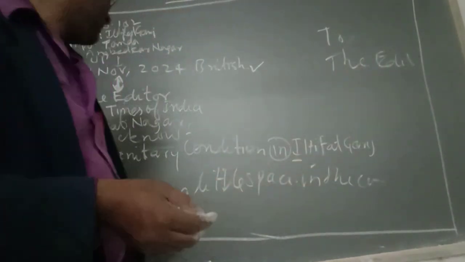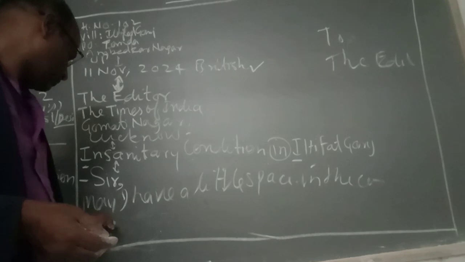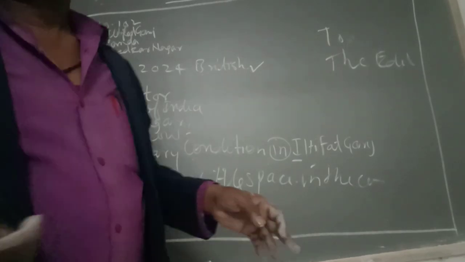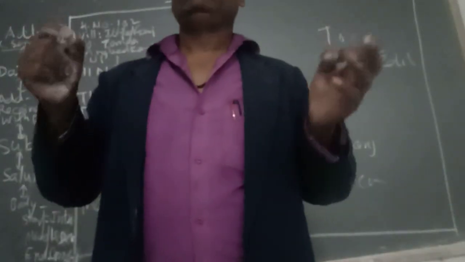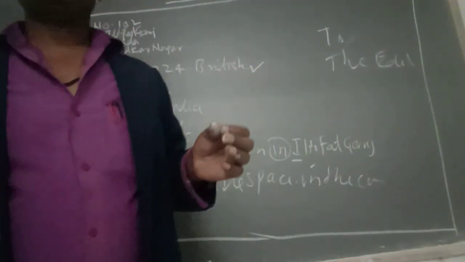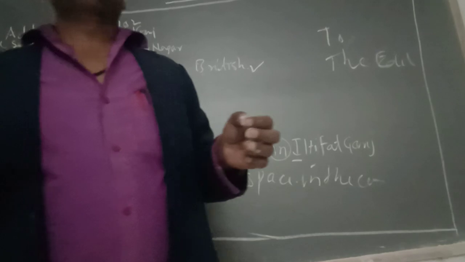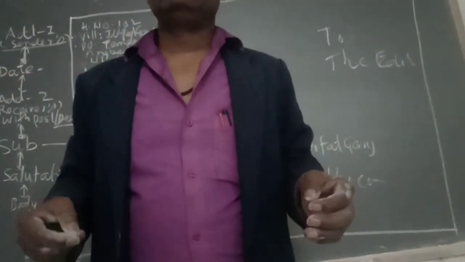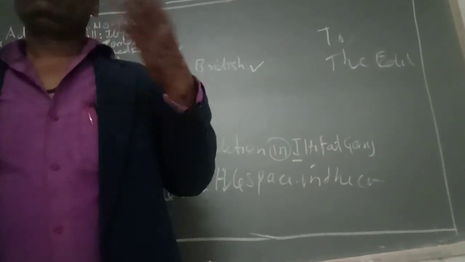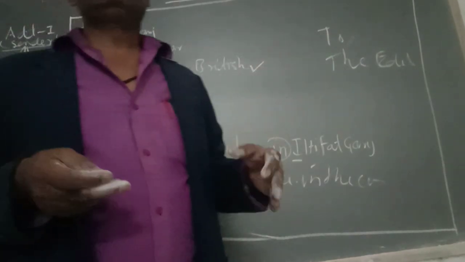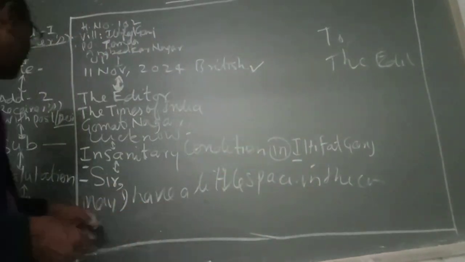Or you can say, may I use the columns of your esteemed newspaper to draw the attention of the authorities concerned toward the incendiary condition of our area. This way you can start, and then you have the middle.